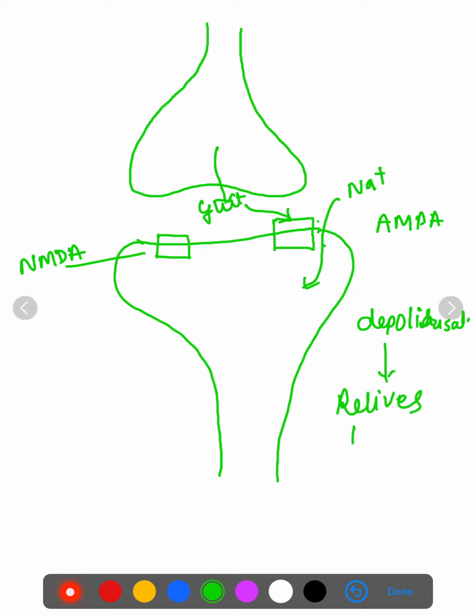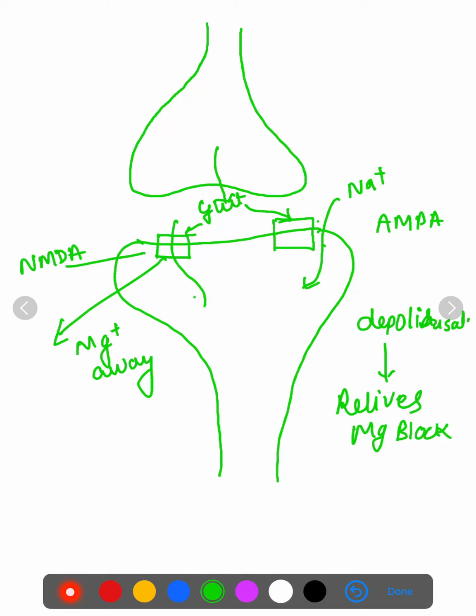It relieves the magnesium block, so magnesium is going away. Besides that, glutamate comes here again, calcium will come, then it will stimulate that enzyme.